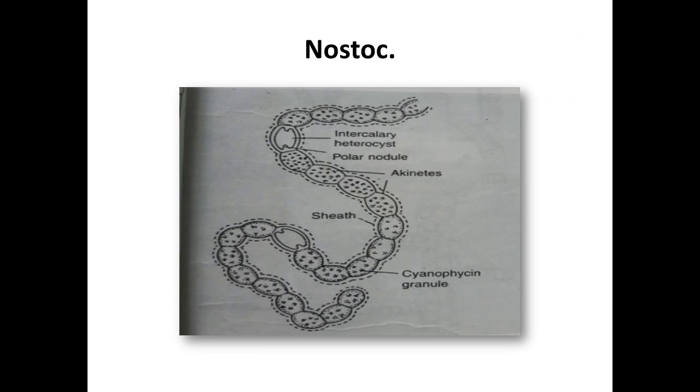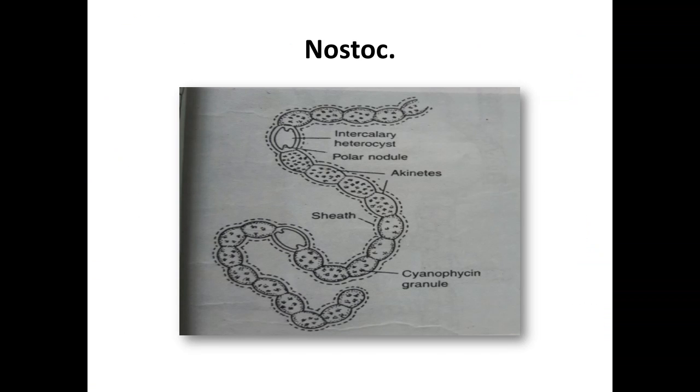Now see, within these Nostoc trichomes, among the vegetative cells, there is an H-shaped body. It is generally known as a heterocyst, and these heterocysts fix atmospheric nitrogen within them, which is useful for the nitrogen fixation process.